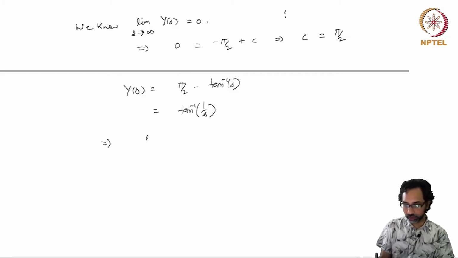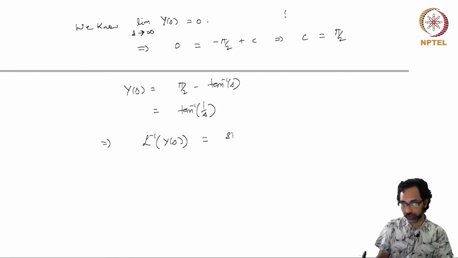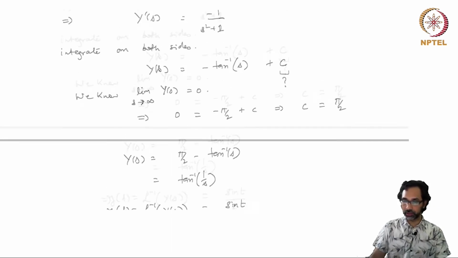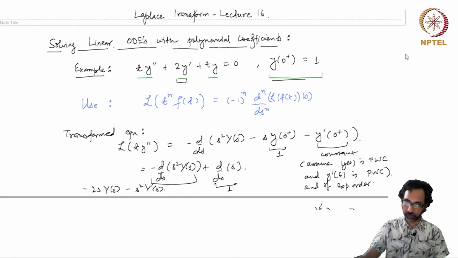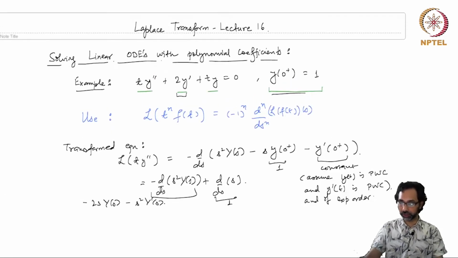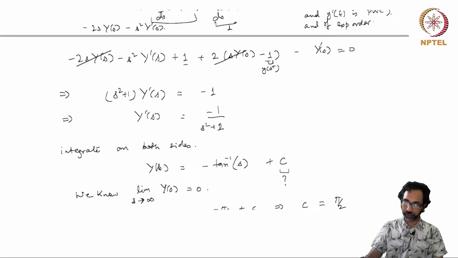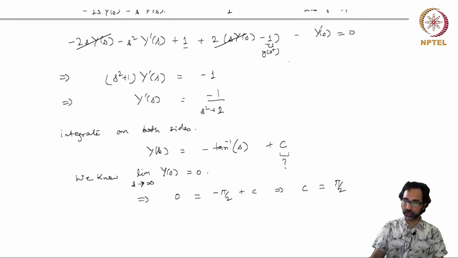Now we know the inverse Laplace transform of such a function. This is simply sine t. So our y(t) is sine t over t. So we have seen that the transformed equation can itself be a differential equation in Y(s), and we have to solve another differential equation which might be simpler, but may not be simpler than the original equation.